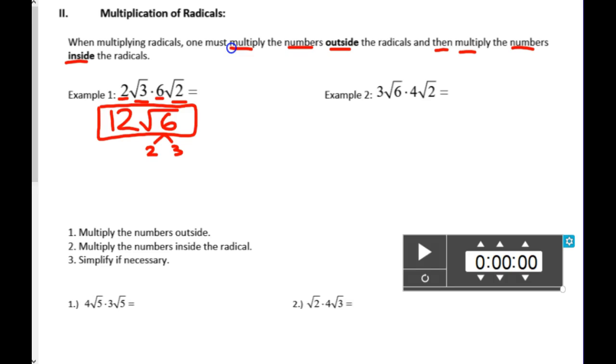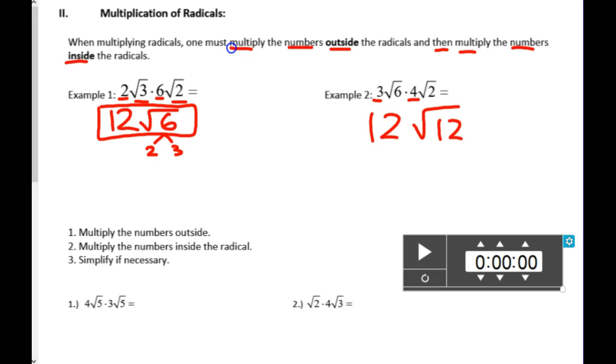So, on example 2, we're going to do the same thing. So the outside, 3 times 4 gives us what? 6 times 2 gives us what?